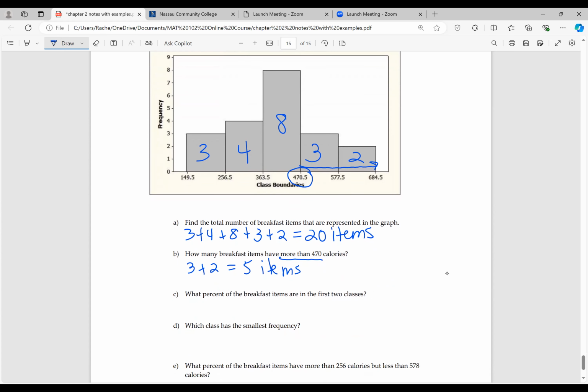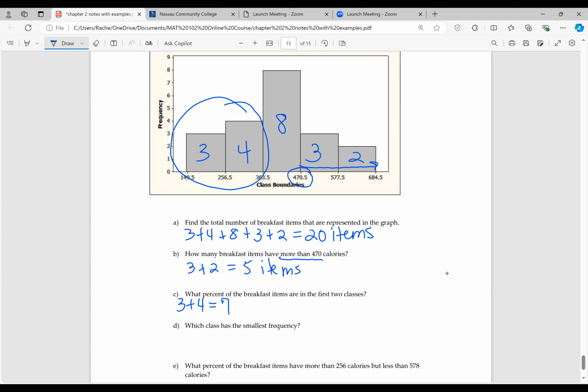So let's look at the next question. So it says, what percent of the breakfast items are in the first 2 classes? So here's my first 2 classes. And the heights of the bars are 3 and 4. So there's a frequency of 3 and a frequency of 4. So if we add that together, 3 plus 4, that's going to be 7 breakfast items. But I wasn't asking how many breakfast items are in the first 2 classes. I was saying what percent of the breakfast items are in the first 2 classes.